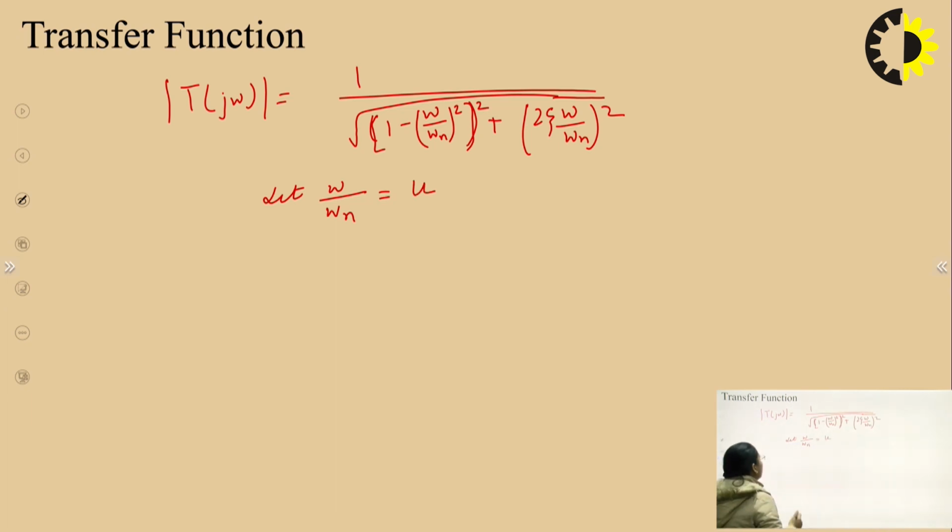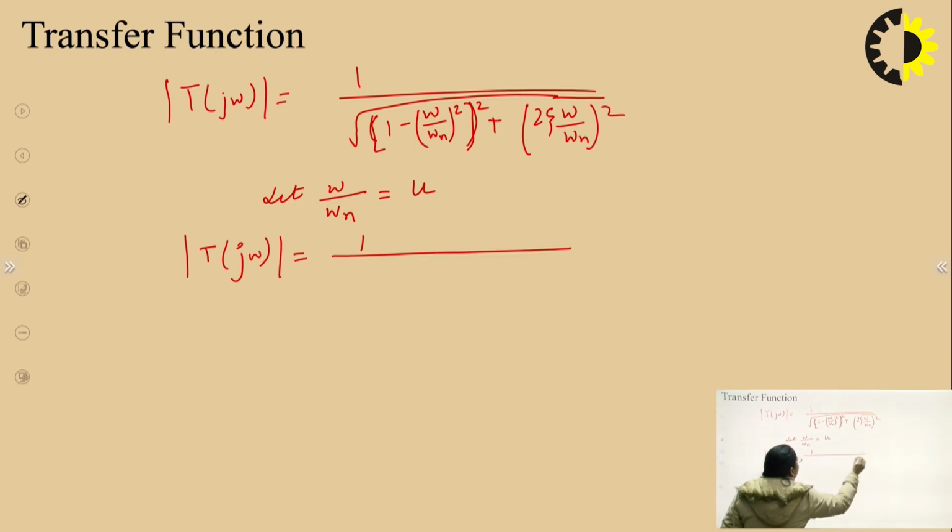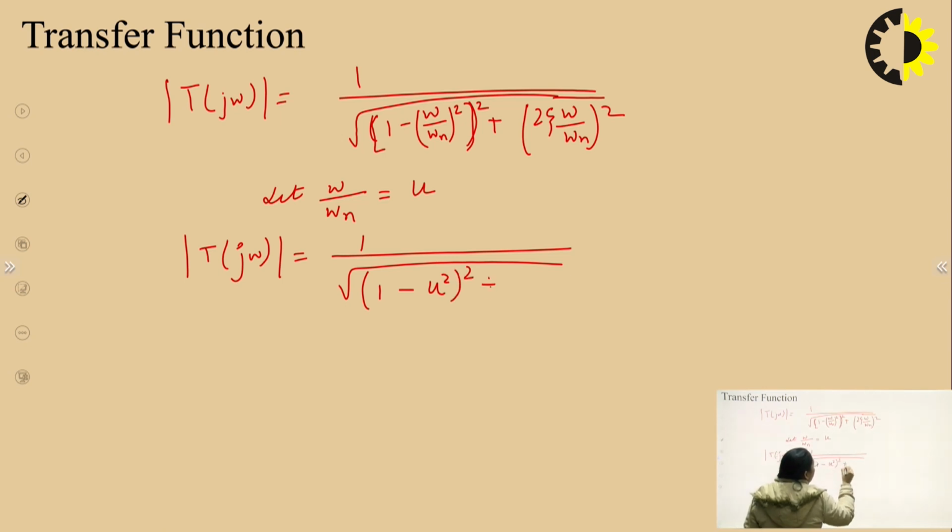Okay, so I can write mod of T(jω) will be equal to 1 upon under the root of (1 minus u squared) whole squared plus (2 zeta u) whole squared.